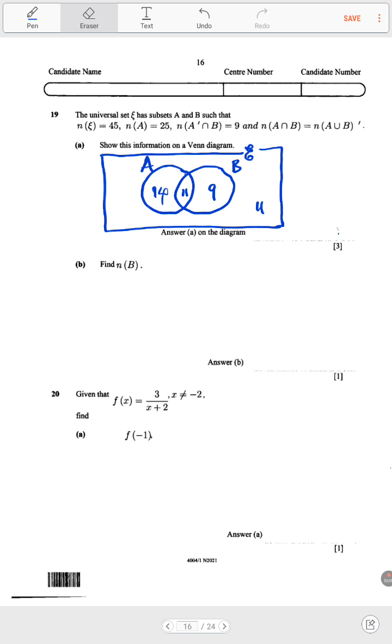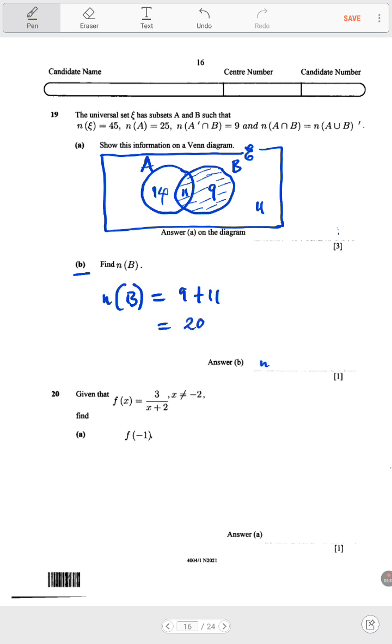Okay, now we move on to part B. Part B says find the number of elements in set B. So all the elements in set B is equal to 9 plus 11, because we're considering everything here inside set B. So it's 11 plus 9, and you get 20.